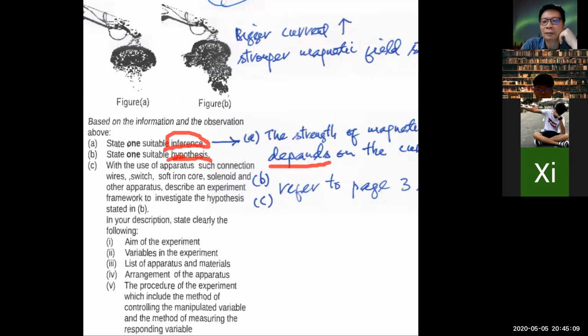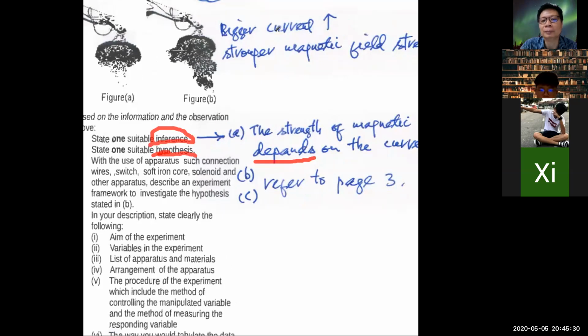Harry, can you tell me how to write the hypothesis for this experiment? The higher the current, yes, the higher the current, the stronger the strength of the magnetic field. Very good answer. The higher the current, the stronger the strength of the magnetic field. That one is the hypothesis.